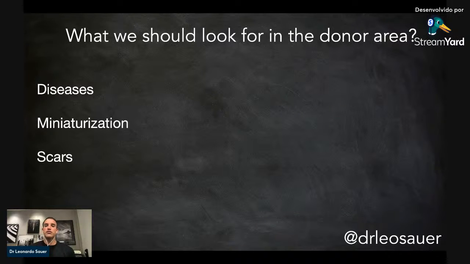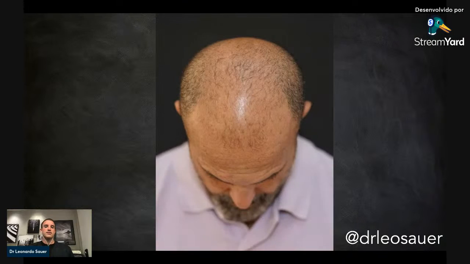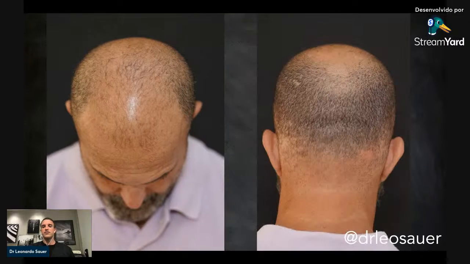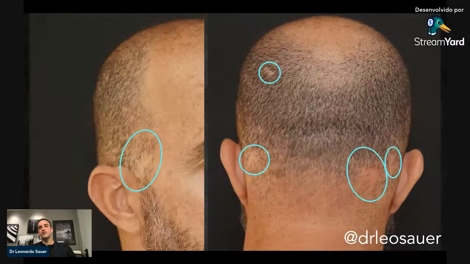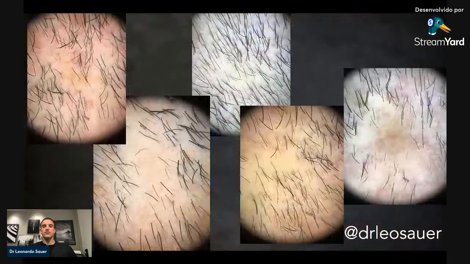So what should we look for in the donor area? We should look for disease, just like this patient who presented in our clinic looking for hair transplant surgery. But when we did the physical exam, we identified some patchy areas of alopecia, and we made the trichoscopy, and we identified that these areas have no follicular openings.